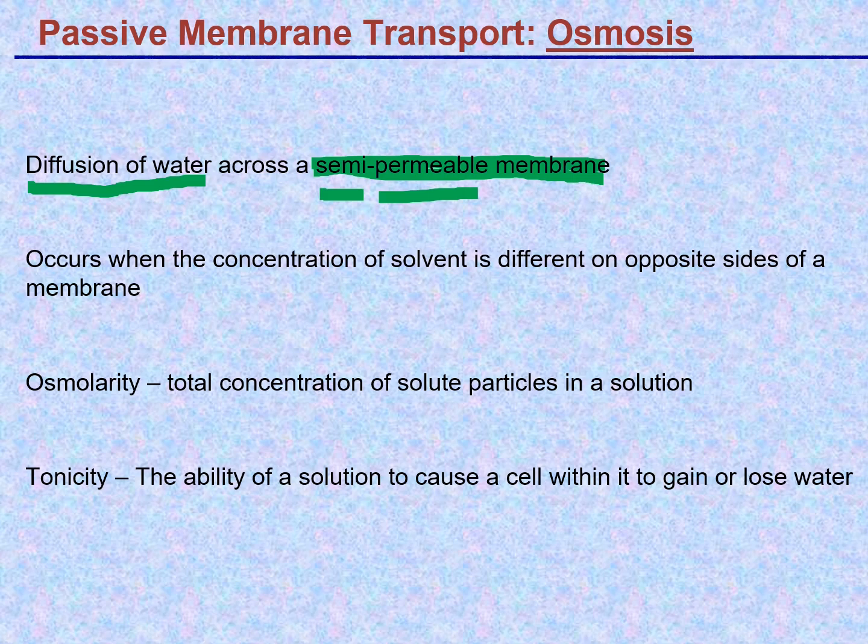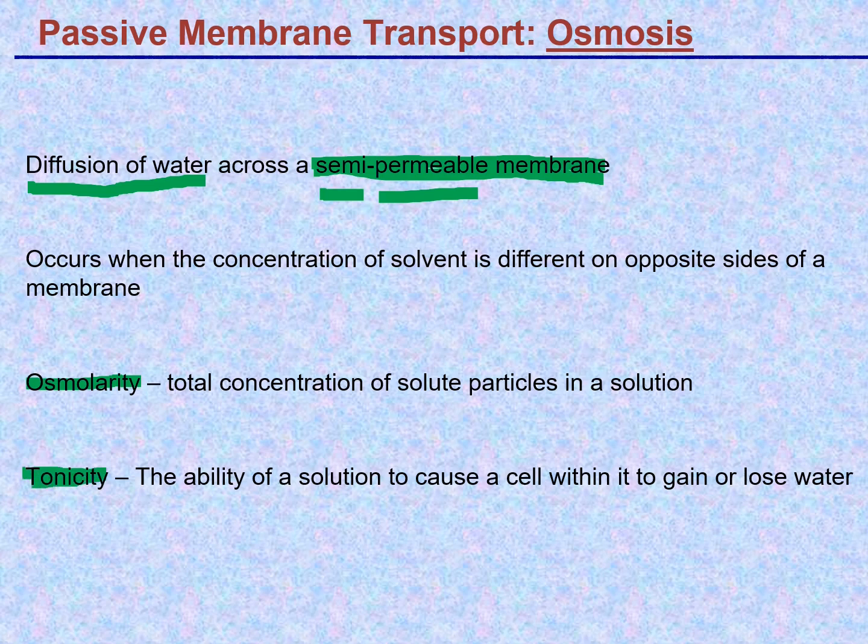The degree or concentration of molecules dissolved into the solvent, the water, is called the osmolarity of the solution. And the ability of a solution to cause a cell to either gain water or lose water, in other words, for osmosis to occur in or out, is called tonicity.